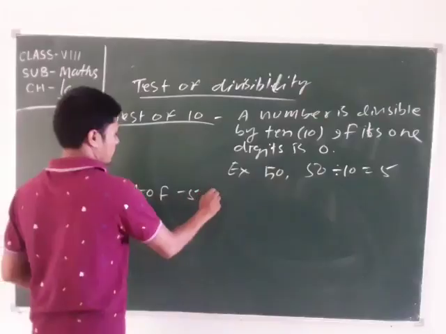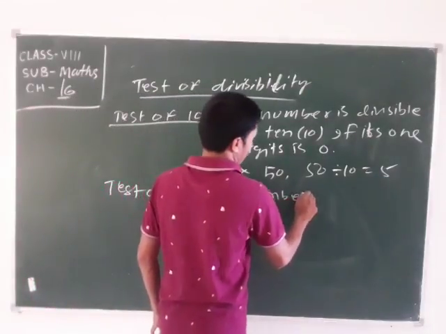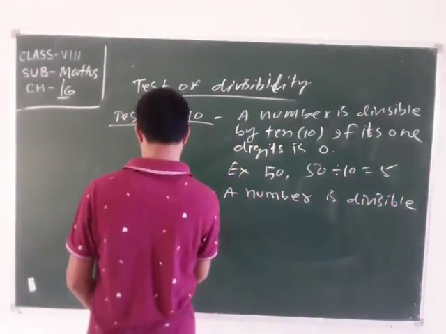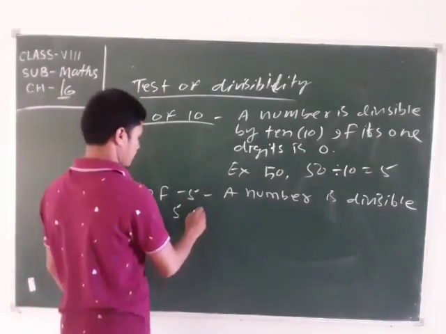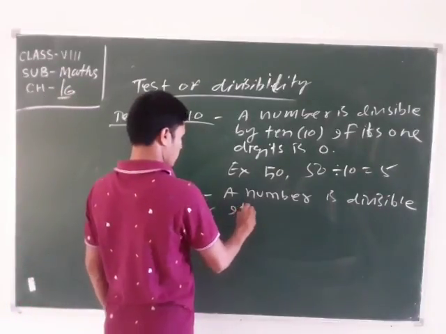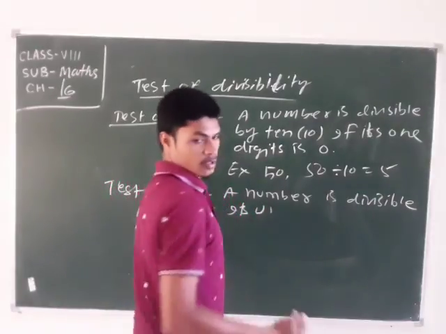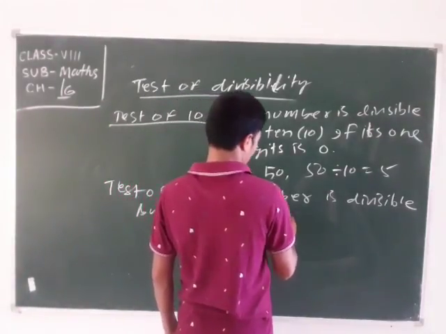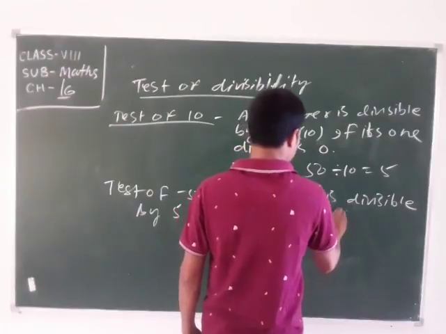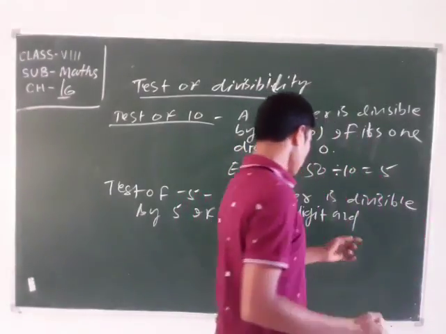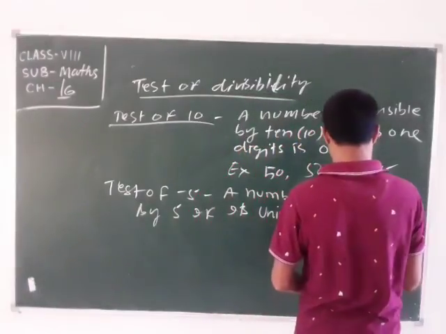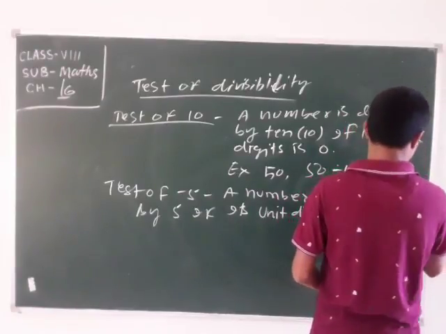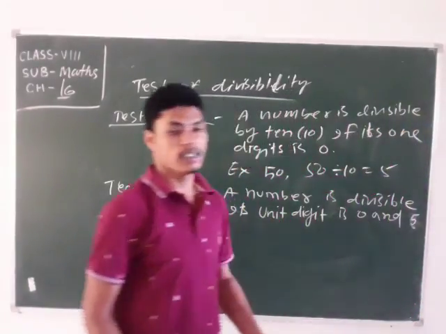Test of 5: a number is divisible by 5 if its unit digit, or ones digit, is 0 or 5.